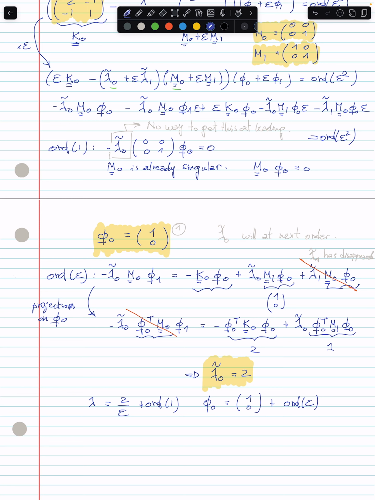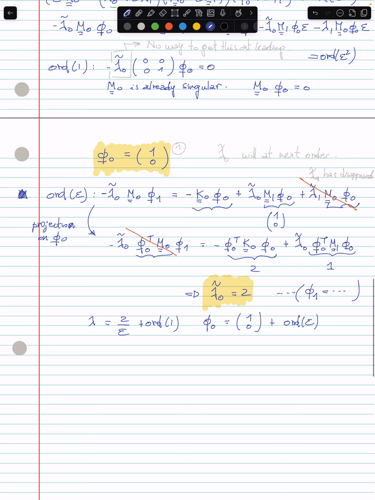At order epsilon here, we haven't really finished. We could go to the determination of phi 1, but it doesn't really help as long as you don't go to the next equation and at the same time compute lambda tilde 1, just to make it consistent.